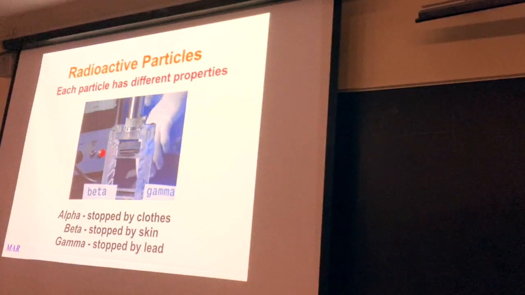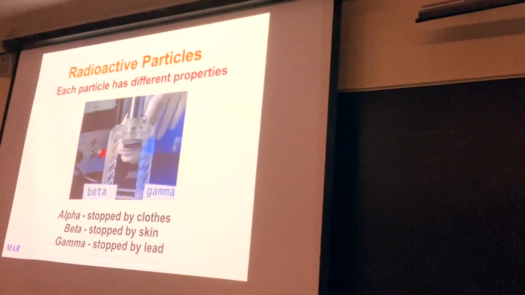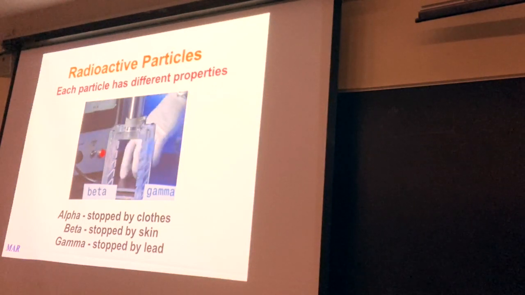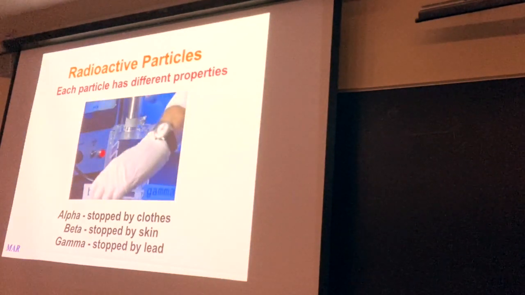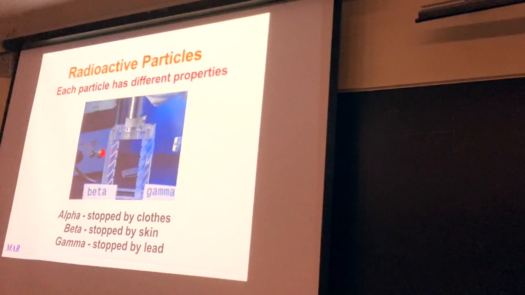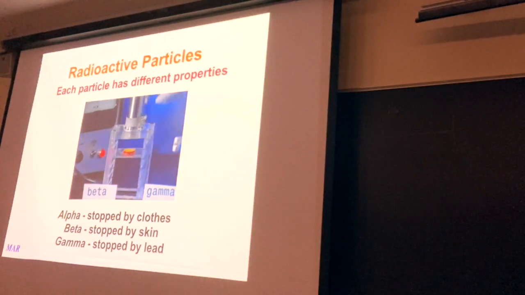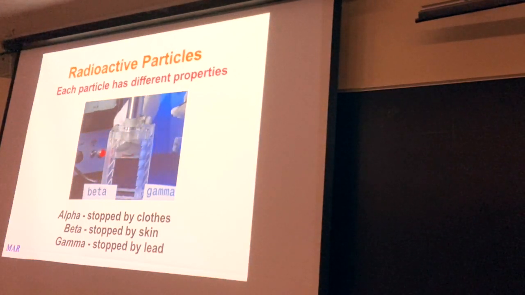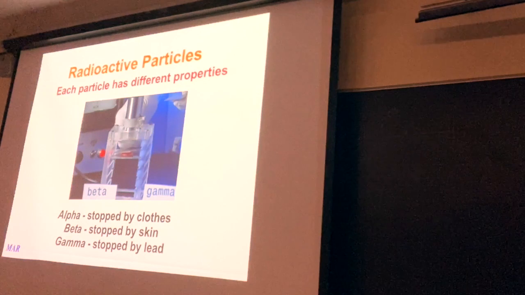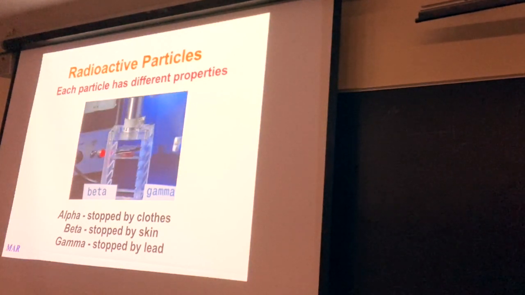Let's see if that also works for gamma radiation. We'll change the sample. We notice immediately that more energy comes from the gamma. 1 sheet of lead and 2 and even 3 that quieted the beta does not quiet the gamma.